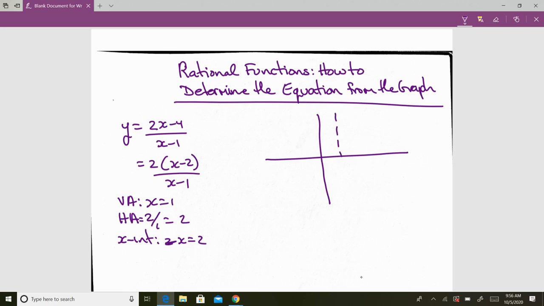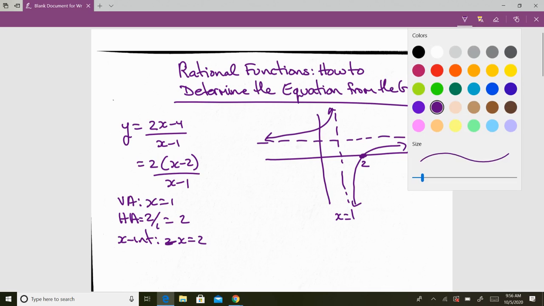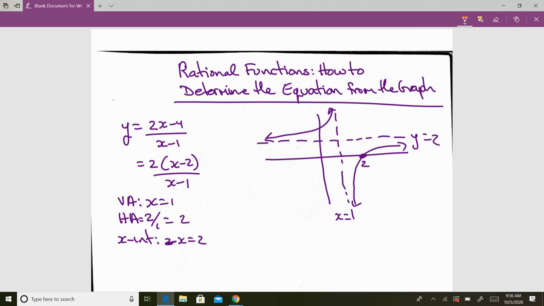So vertical asymptote 1, horizontal asymptote 2, x-intercept at 2, right there. So there's your graph. Is that okay? That's just what you've been doing, okay?